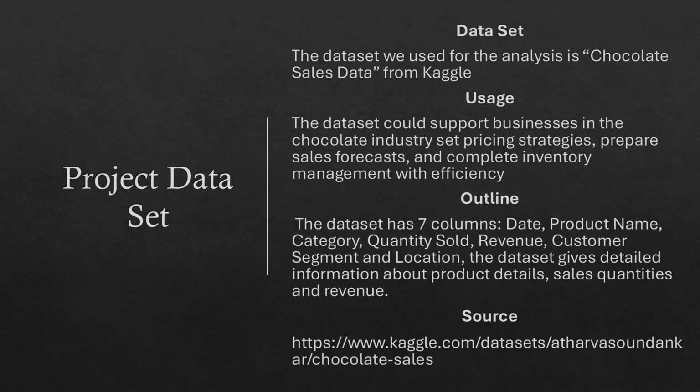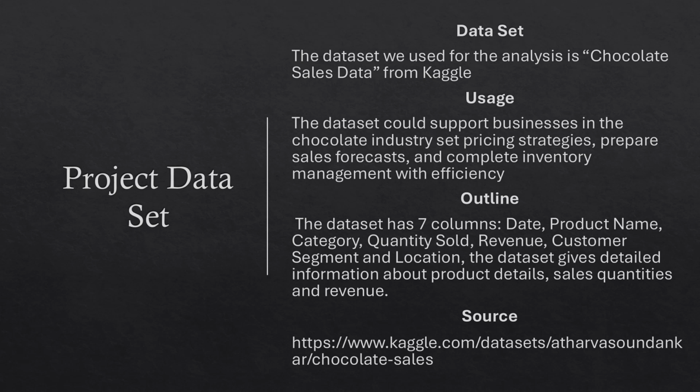The project data set. We used a data set called chocolate sales data from the website Kaggle. Its usage: it could be used to support businesses in the chocolate industry through supporting their ability to set pricing strategies, prepare sales forecasts, and complete inventory management with efficiency.